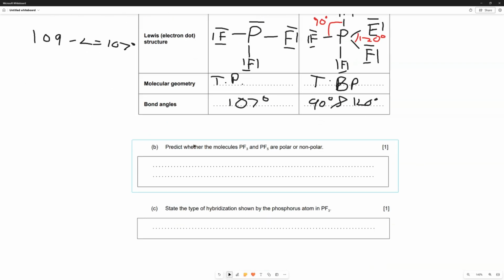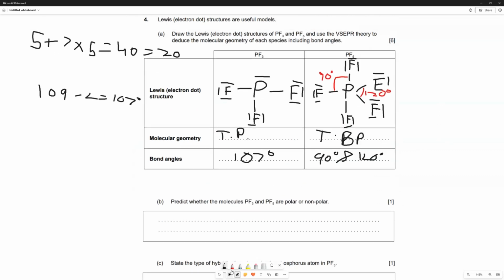Right. The second question is to predict whether the molecules phosphorus trifluoride and phosphorus pentafluoride are polar or nonpolar. This is simple.